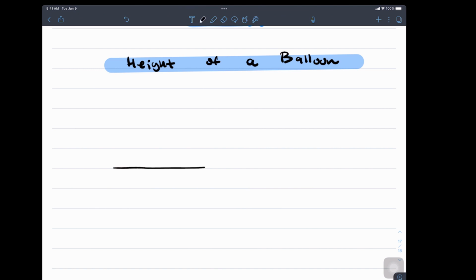You have the ground here. And we should have a straight line here. And then here's your balloon, okay? And maybe I'll draw a circle for a balloon. And so what they're going to do now is this. They're going to give you something like this.